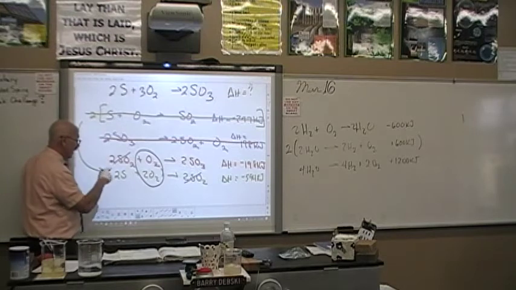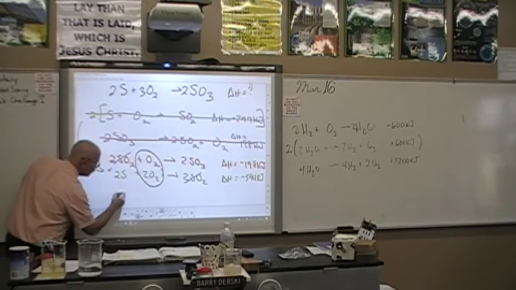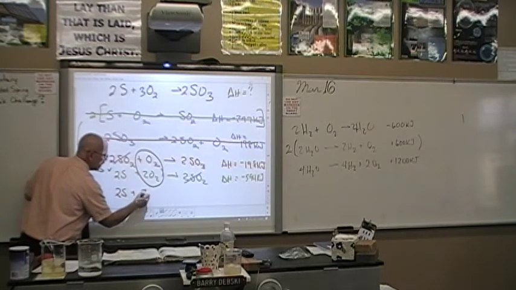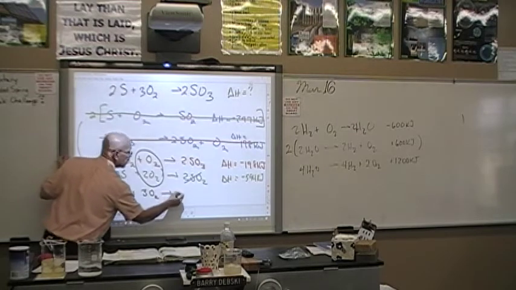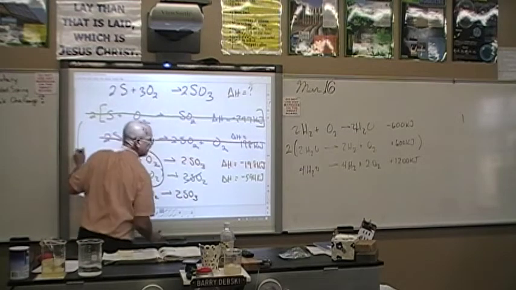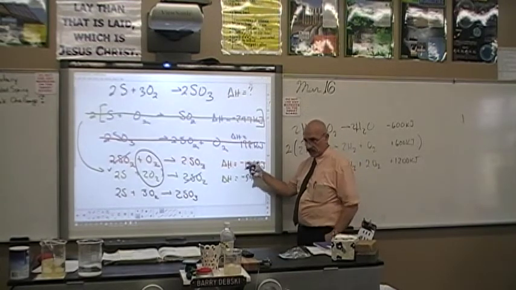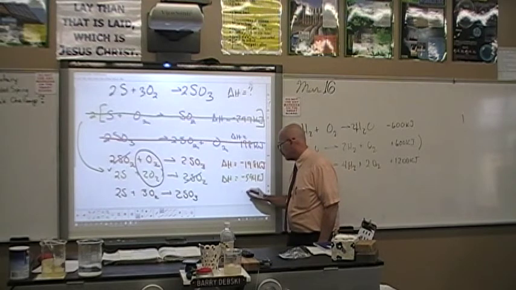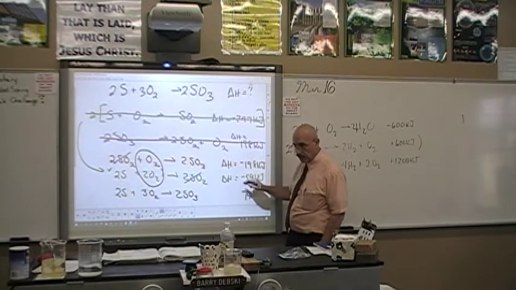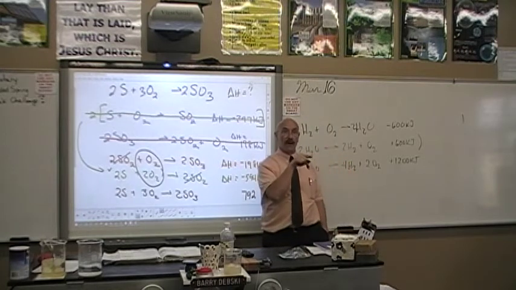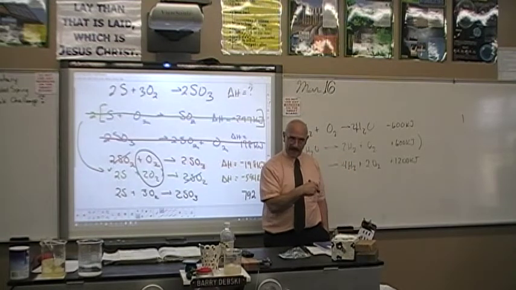Yay. Okay, so we're going to rewrite the whole equation. 2 sulfurs plus 3 O2s produces 2 SO3s. And that means I can add these two numbers together. 594, 694, 794. Add 2 back. 792. And they're both negative. So negative plus negative is negative.